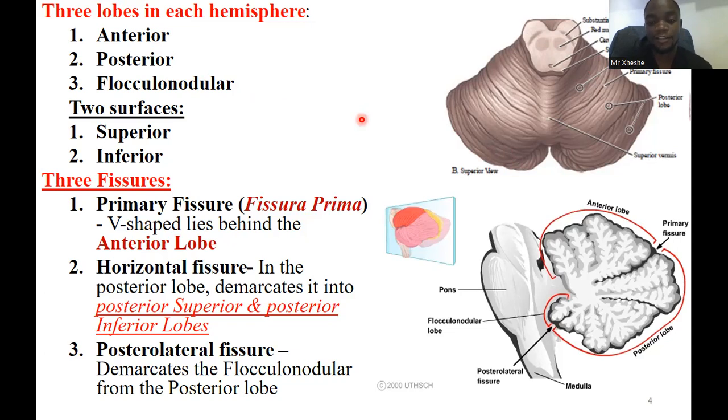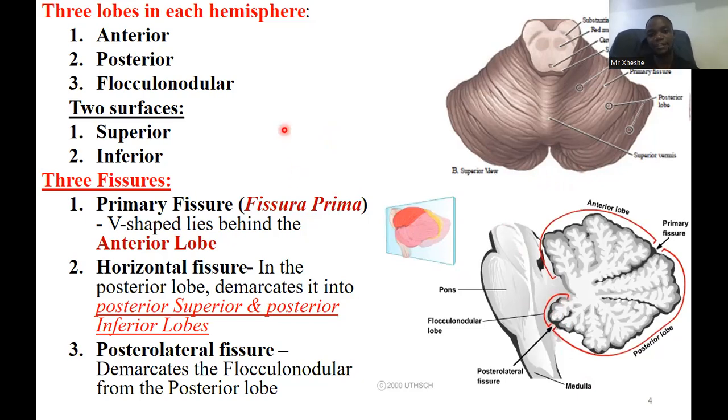So we are looking at lobes. So we have identified the anterior lobe as that one, posterior lobe, superior one, and this is inferior. Then at the bottom, we're going to see the flocculonodular lobe. That's a small thing there. Of course, we'll see what it's composed of.